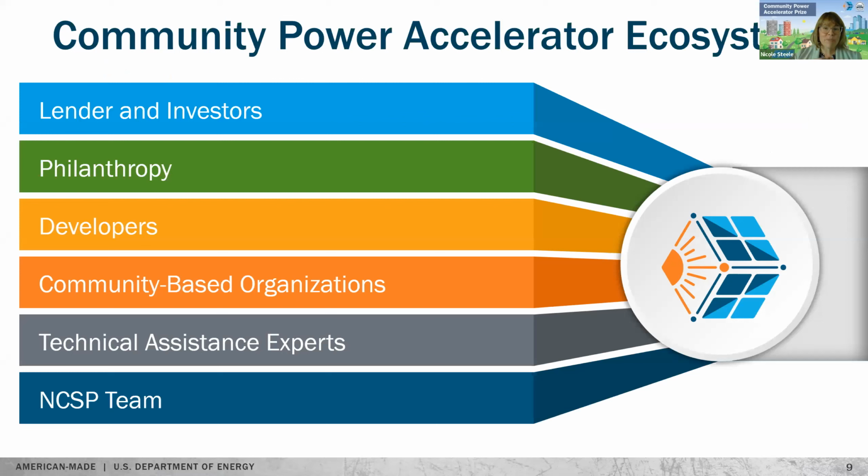And so there's many different types of stakeholders that are part of the Community Power Accelerator that make the Community Power Accelerator work. And those include the lender investor organizations that I mentioned earlier, philanthropy organizations that really can help provide some of that gap funding that many folks in the lending space don't necessarily lend to. So maybe some of those pre-development dollars or more capacity building dollars where philanthropy can play a role.